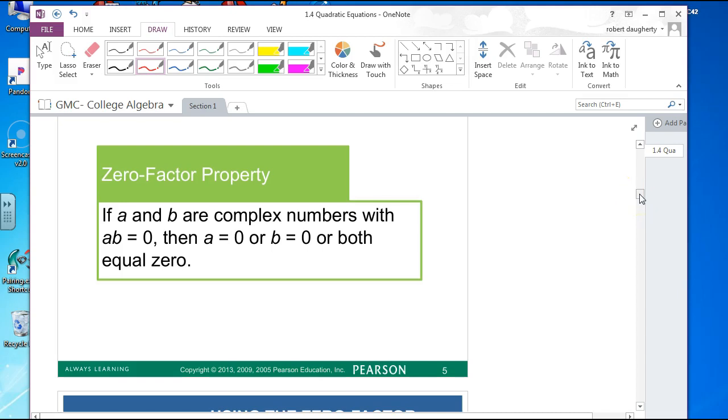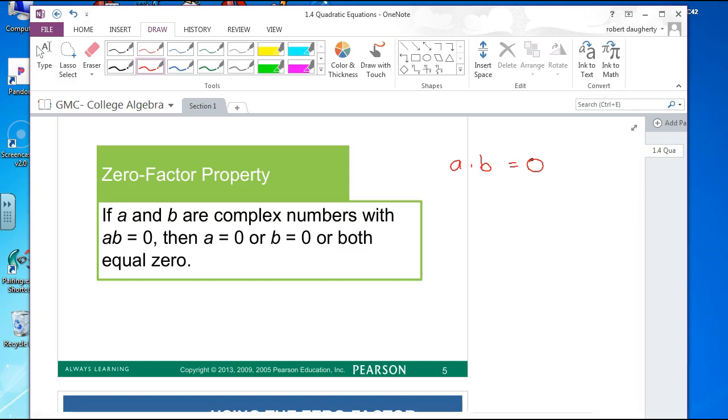Now, something we're going to rely on to solve quadratic equations is something called the zero factor property. It tells us if a and b are complex numbers and you multiply them to get 0, then one or both of those numbers has to be 0. If you think about it, you've got two numbers multiplied to give you 0. What is the only number you can multiply something by and get a 0?